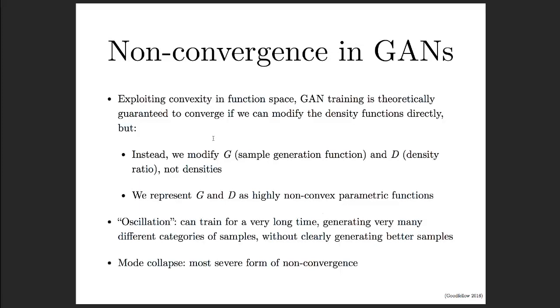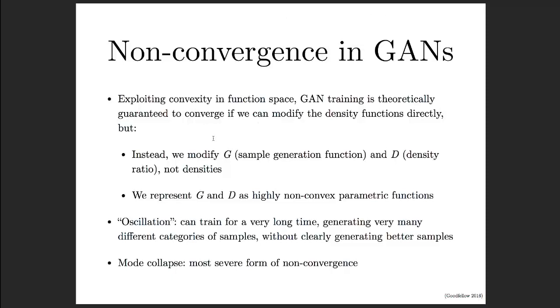It's important to mention that if we were able to optimize the generative adversarial network in function space, if we were able to update the density function corresponding to the generator and the discriminator's beliefs about the generator directly, then we can actually use convexity in function space to prove that simultaneous gradient descent converges for that particular problem.